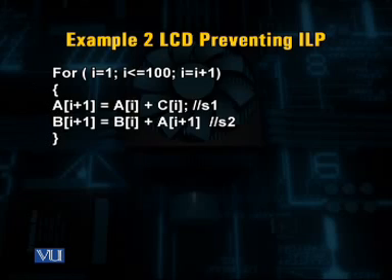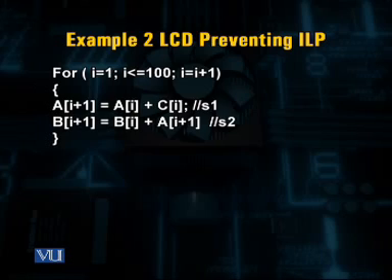Here, the first dependence is loop carried because the dependence of each statement S1 or S2 is on the earlier iteration of the same statement. Thus, if this were the only dependence, the successive iterations would be in sequence.